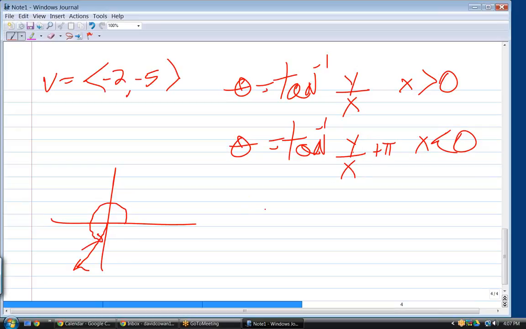Well, if I use my definition, it would be the inverse tan of -5/-2, and since the denominator is less than 0, I'm going to add pi to that answer. What's the inverse tan of 5/2?